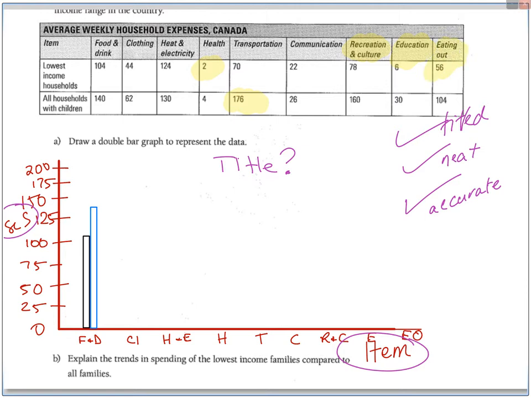And then what do you notice that's similar? Heat and electricity. Well, everybody's got to pay for electricity, so that's similar. Communication. People all have phones, right? So that's what they want you to do when you're explaining trends with the double bar graph. They want you to compare. Okay, so make comparisons.